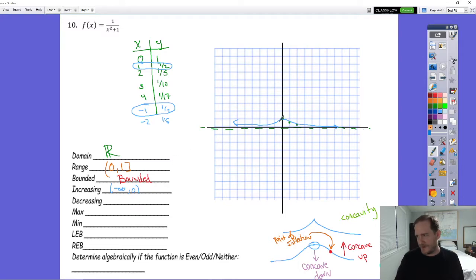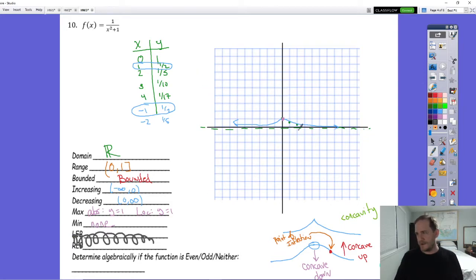We have a right-hand side that decreases, so that's 0 to infinity. And we finally do have an extrema. We have an absolute max. That's at y equals 1, which means it's also a local max. But there's no other extrema other than that point right there. So for mins, you can say none. We are not going to do end behavior.